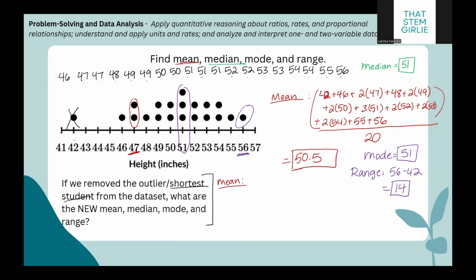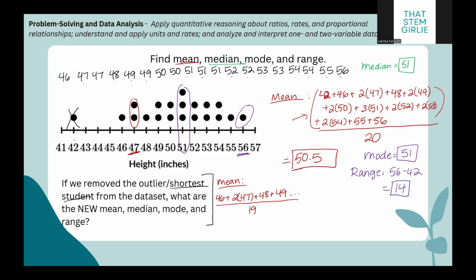Okay. So yeah, if I removed this 42 up at the front, then I would be left with the same idea as before. So 46 plus 47, 2 times 47 plus 48 plus 49. Basically the exact same addition here, but in the denominator, it's not 20 numbers. You only have 19 numbers now.